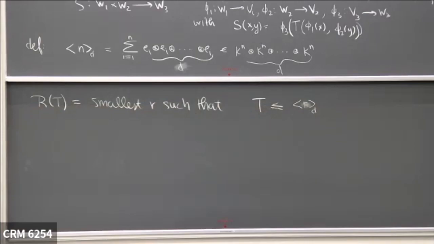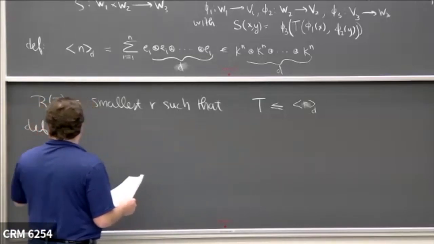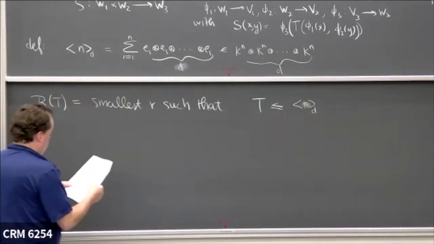Now you could also ask the other way round: if I have a tensor T and I want to do R independent multiplications, when can I use T? When can I reduce that computation to one computation of this bilinear map T?